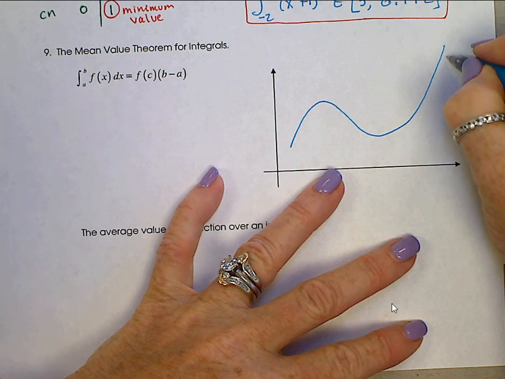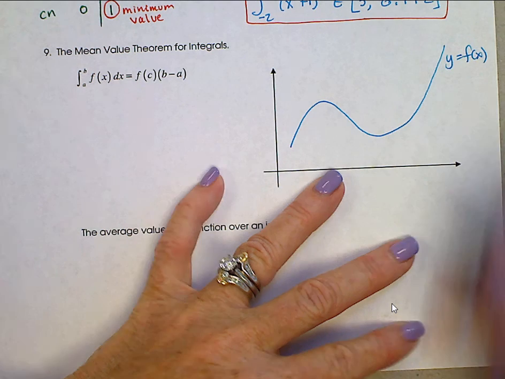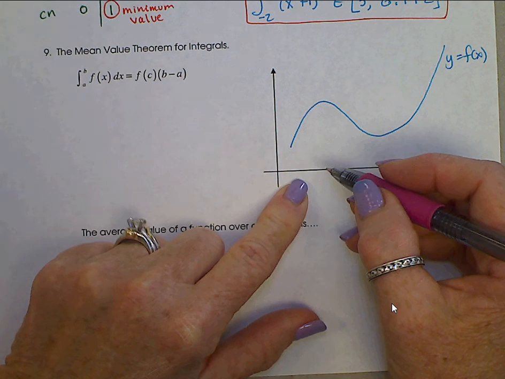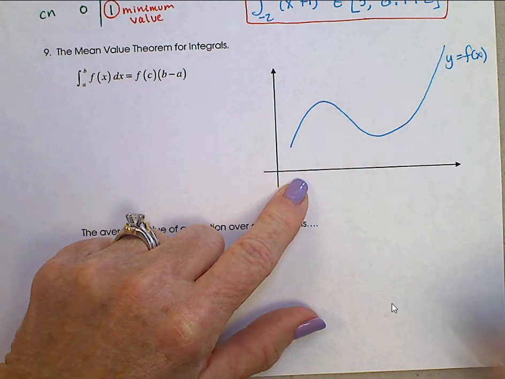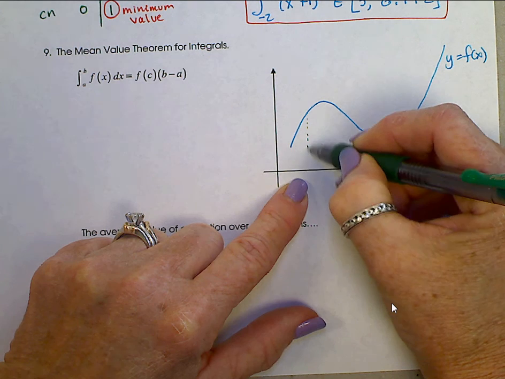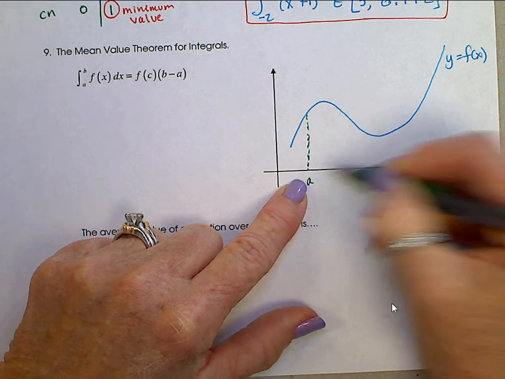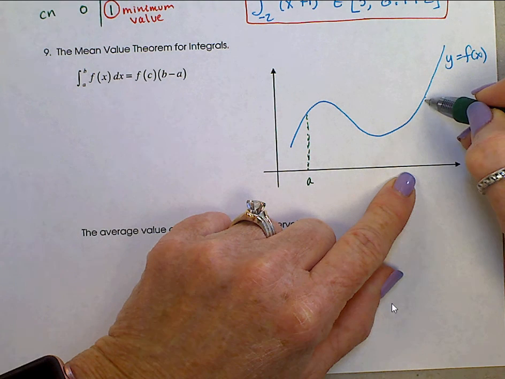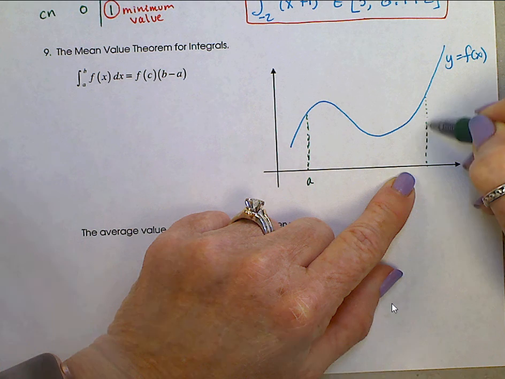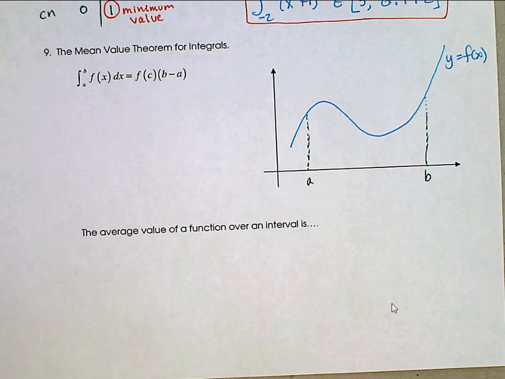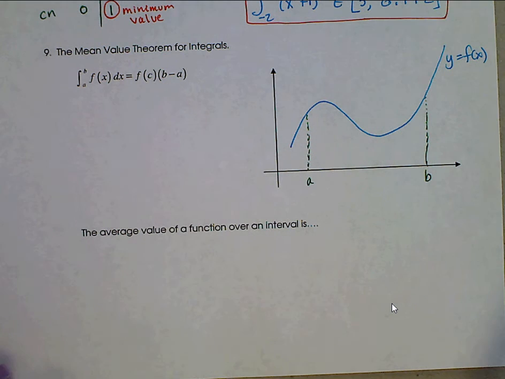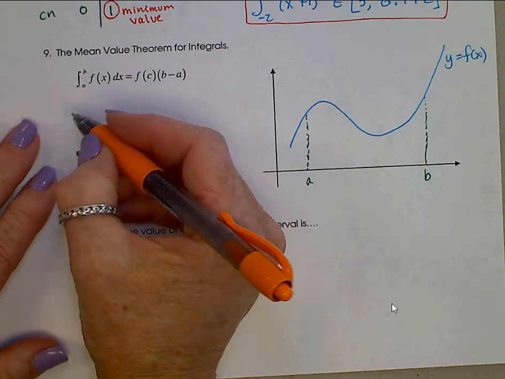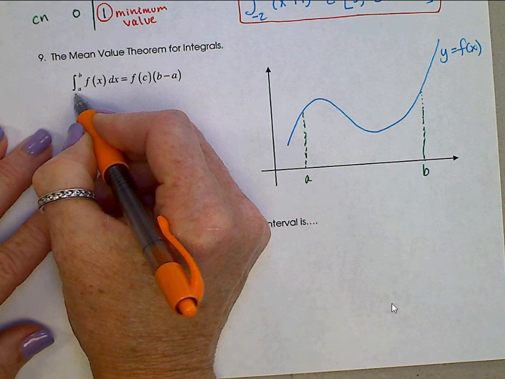Let's put some function up here, y equals f of x, and let's put some interval in here from a to b. Now, clearly, this part right over here is talking about the area underneath that curve from a to b.